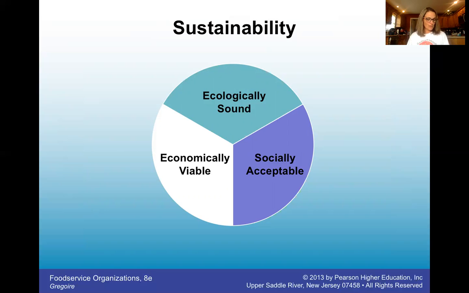And so looking for ways to conserve energy and resources, socially acceptable. Resources are distributed equitably. People working in the food service system are treated justly, and foods that are produced benefit human health. And then economically viable, provides livelihood that supports families, economic control of production, distribution, and access equally shared.